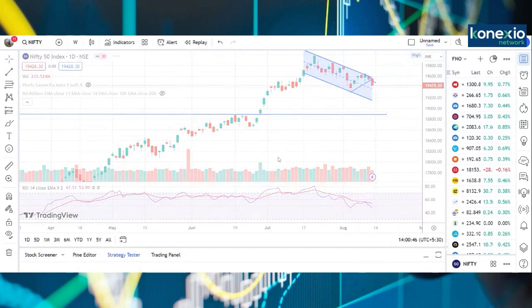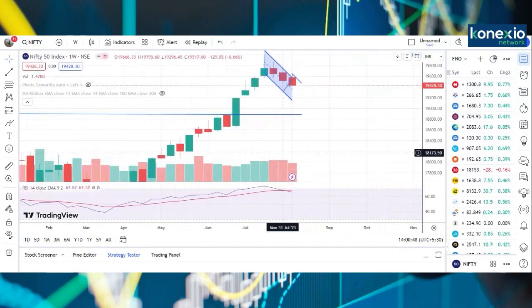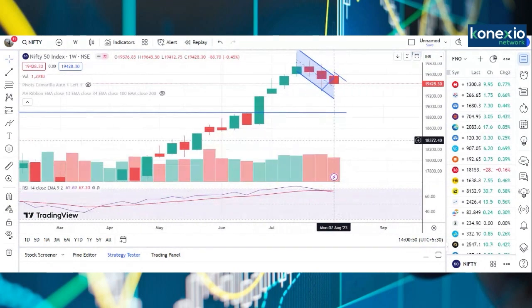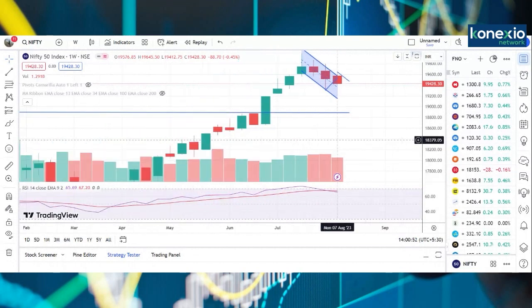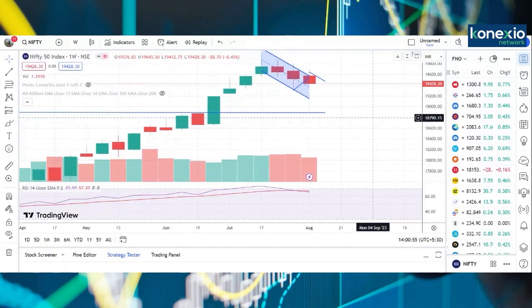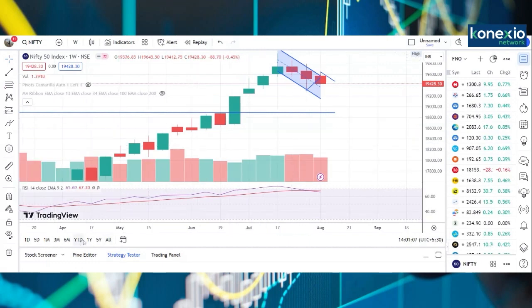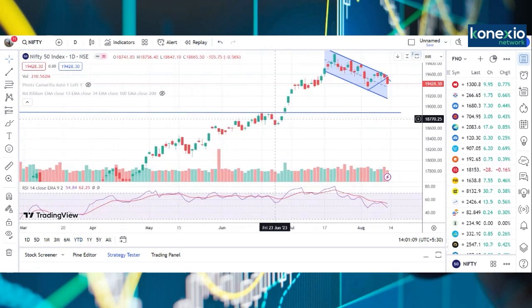Now let us just have a view on the weekly charts. The larger degree charts again seem to be slightly weak. It is an inside weak candle, and still the lower support is near 19,296, which is the last to last week's low. So that could act as a major support in the next week.